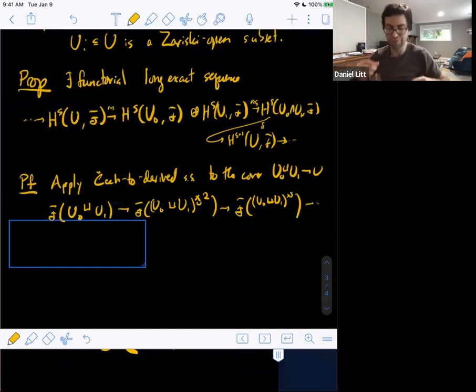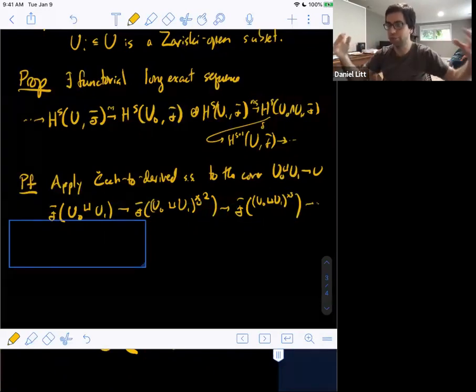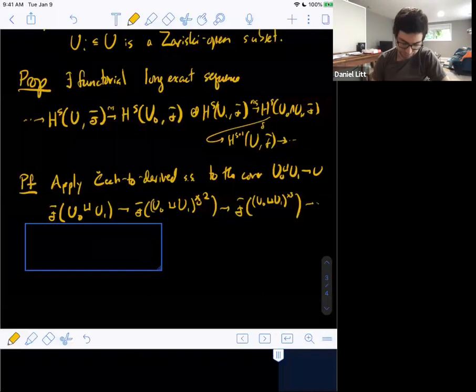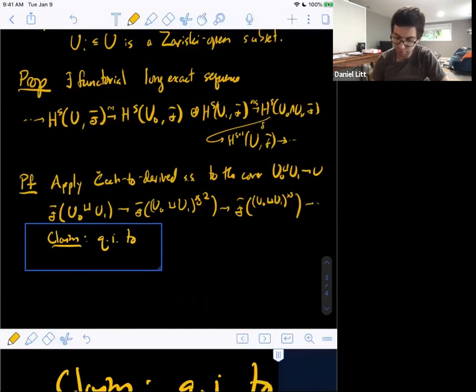If you take the fiber product of U0 disjoint union U1 over U, you're always getting copies of U0 and U1 in their intersection inside of that fiber product. So this is not what you typically think of when you take the Čech complex of an open cover. Often people think in terms of the alternating Čech complex, where you don't get all this extra junk. And the claim is that this complex is quasi-isomorphic to the following.